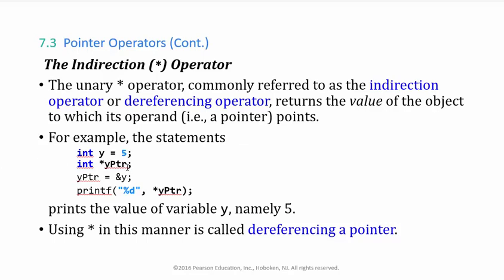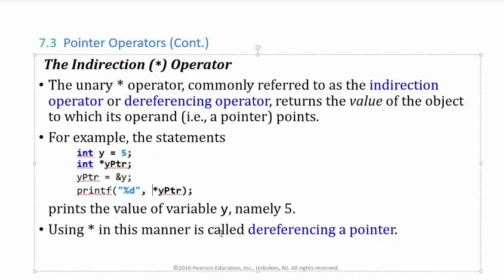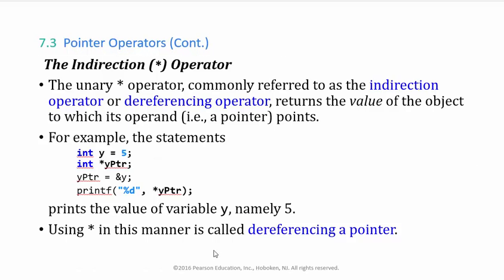And then I created a pointer to y called y pointer, and I said the value of y pointer is the address of y, which is fine. And then I said print *y pointer, and when I do that, because I'm using this dereferencing operator, the asterisk, it doesn't refer to an address anymore. It refers to the actual value that it's pointing to. That's why we say it's dereferencing, and so it will point to the number 5.